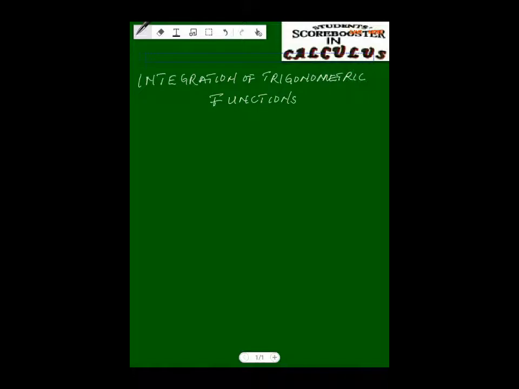So let's look at those expressions that you need to know. Important formulae. Let me just put it like that.